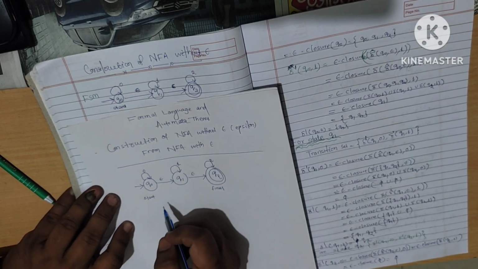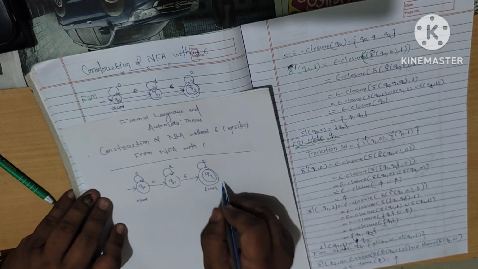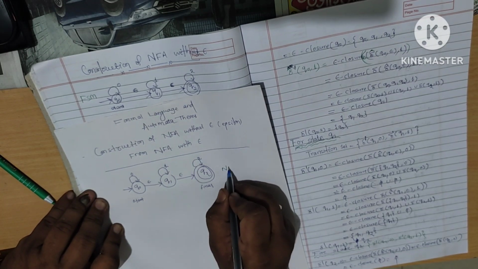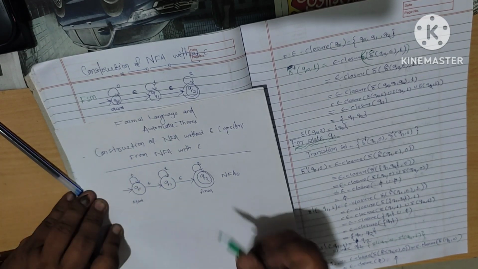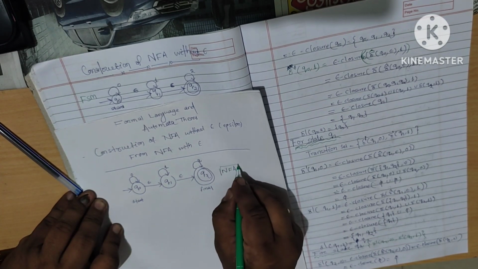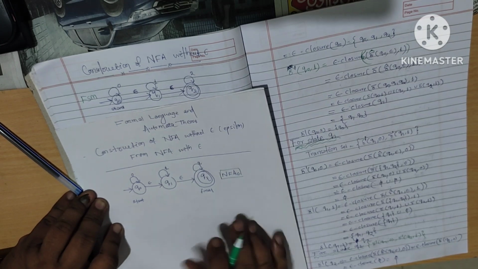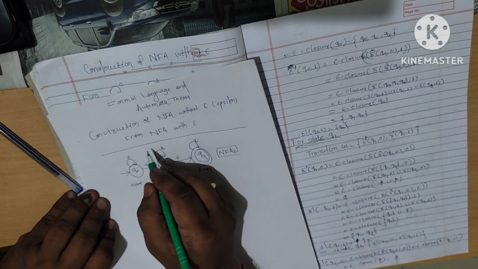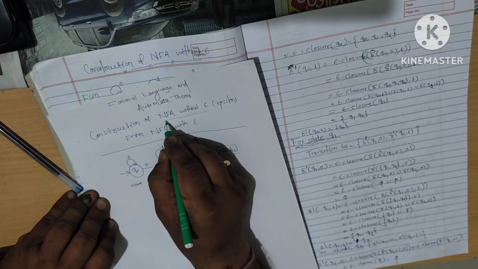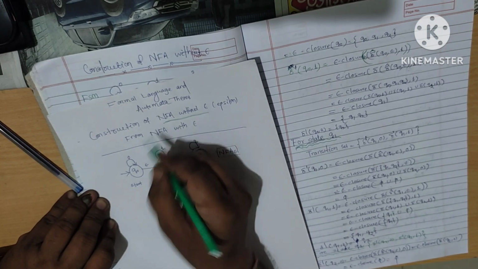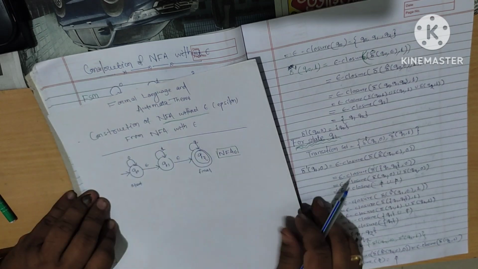So what is the question here? This is an NFA with epsilon. This is the most important thing to remember. And what is our target? Our target is the construction of an NFA without epsilon. That is the very important thing.